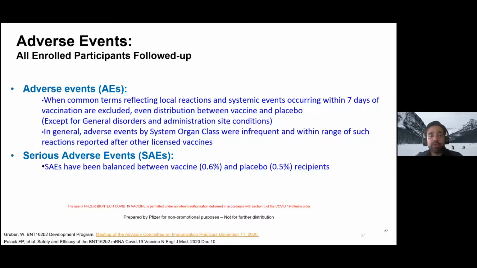When we looked into those, the majority of the side effects reported belong to something that we've seen with our reactogenicity events: pain, fatigue, headache, chills, that kind of stuff.